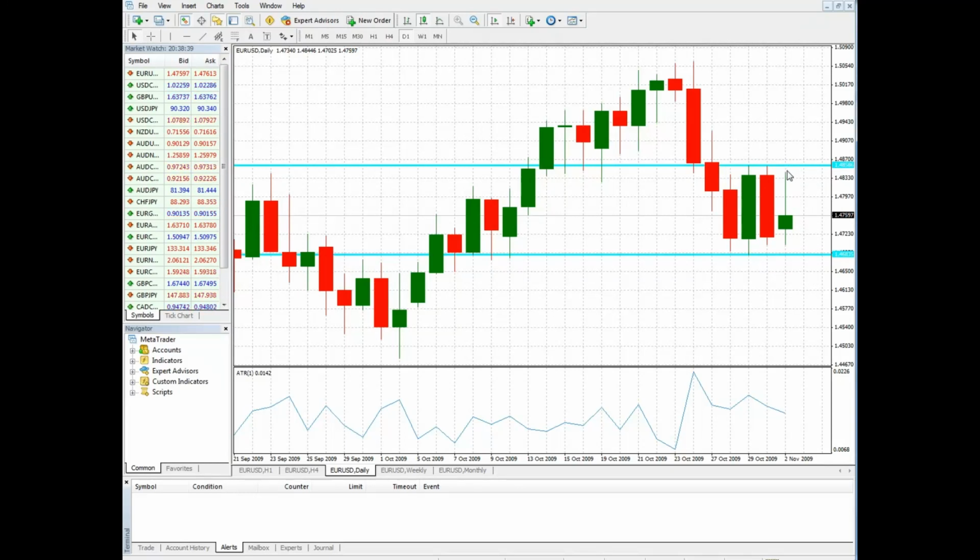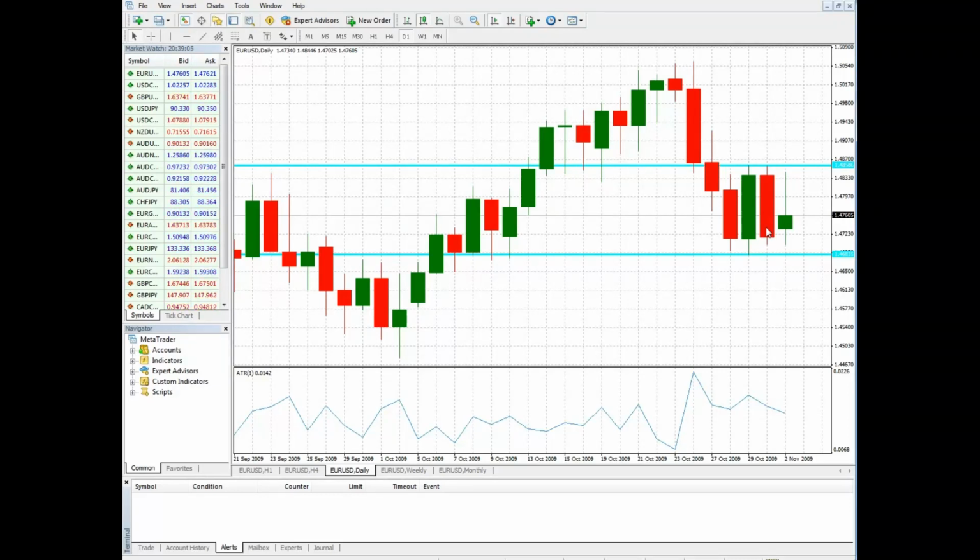If the price moves up above here, we'd look to get long and buy the euro dollar going upward. If the price breaks down and breaks below this channel that we've defined, then we'd want to sell. In this case, we have more than one type of breakout trade, right?